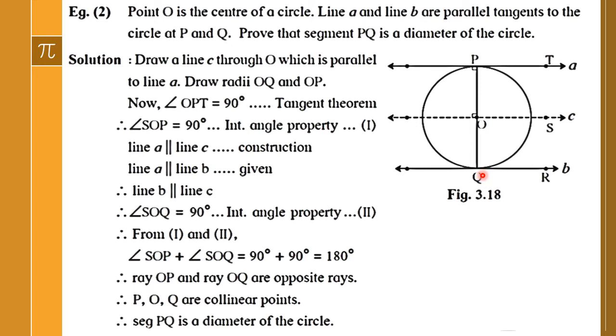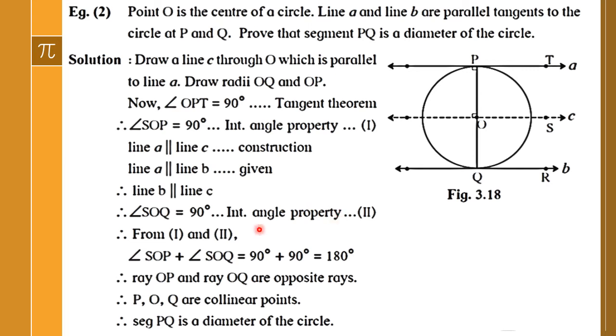One step is not written over here. That is, angle OQR is 90 degrees since the radius is perpendicular to the tangent by the tangent theorem. If you include that step, then we can write that angle QOS is also 90 degrees by the interior angle property. Now from 1 and 2, which we have marked as point 1 and 2.